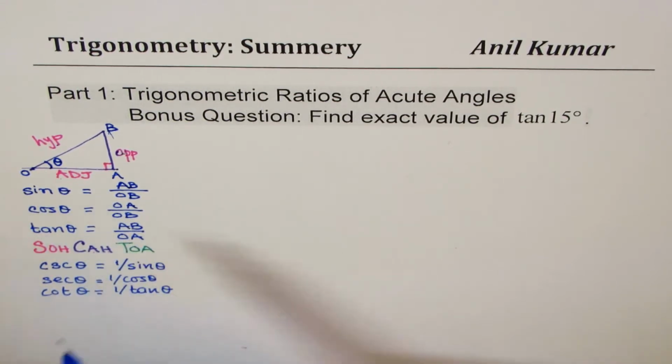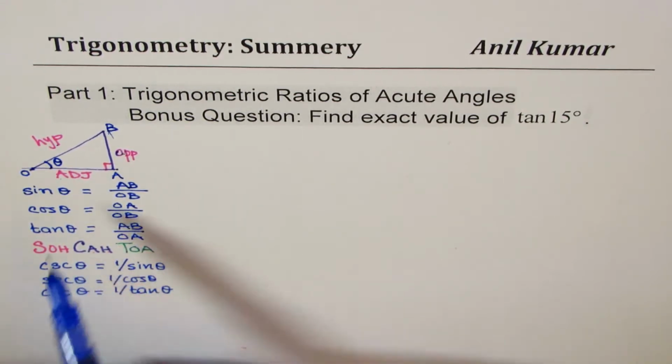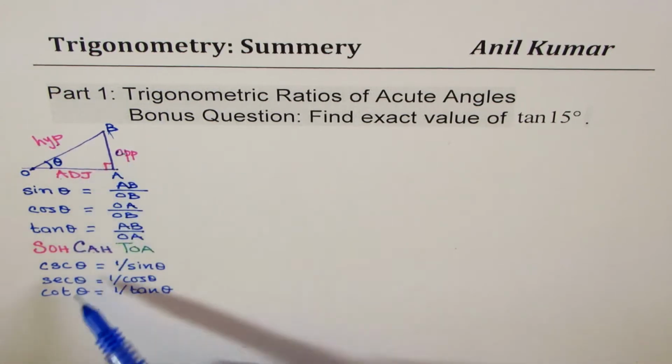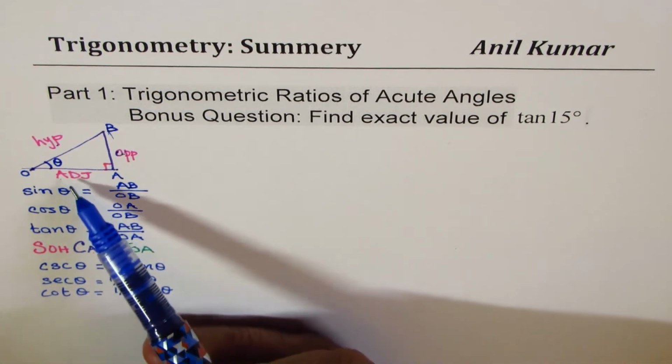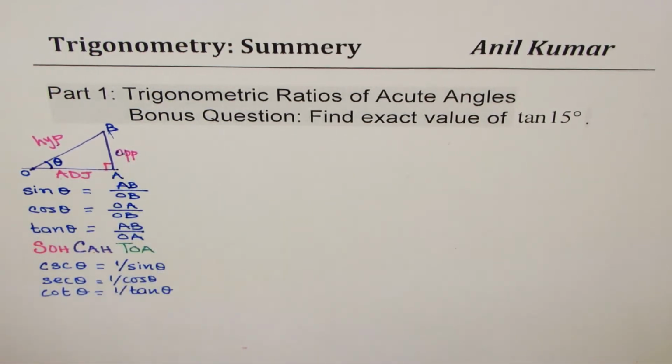So of course cosecant will be hypotenuse over opposite, secant will be hypotenuse over adjacent, and cotangent will be adjacent over opposite. So these are 6 ratios with which we will normally be working.